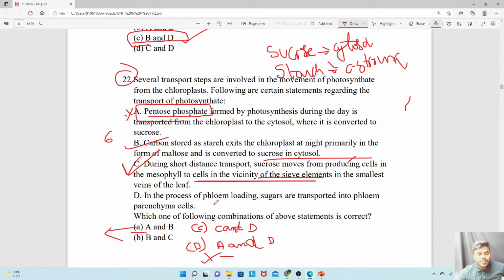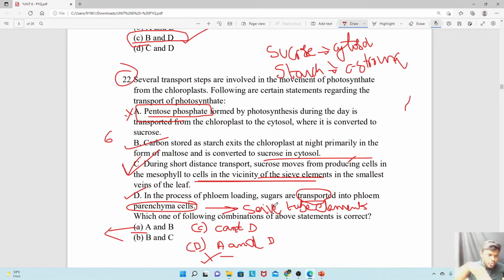Option D, in the process of phloem loading, sugars are transported into phloem parenchyma. I don't know how you can choose it. Why would sugar be transported via phloem parenchyma, friends? We all read that sugars can be transported via sieve tube elements. They are asking about a statement on transport. How does food move through the parenchyma?